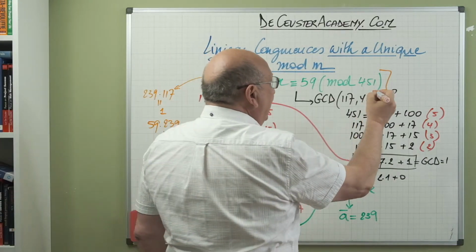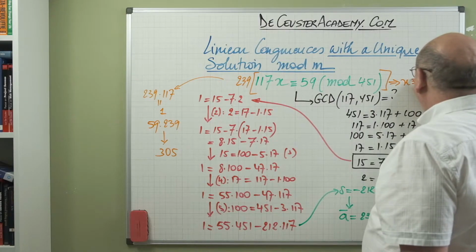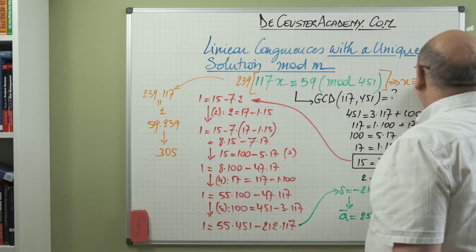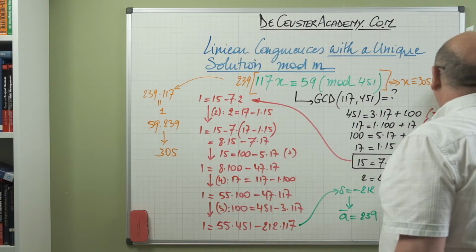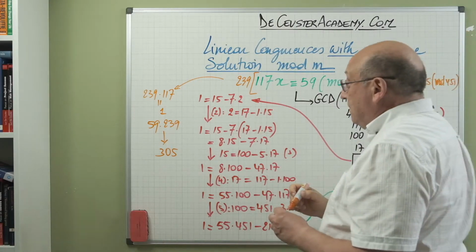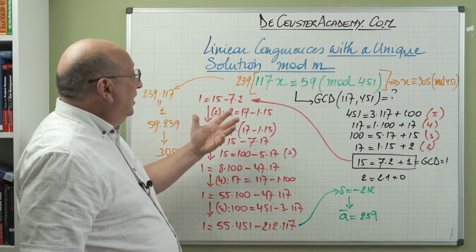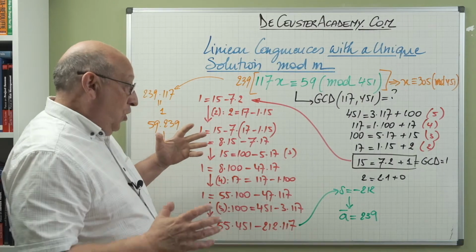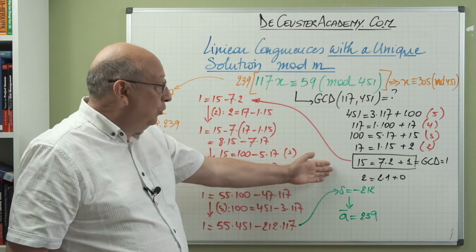So basically, based on this, we can say that x is congruent with 305 modulus 451. And that's the final solution of this linear congruence. Basically simple: GCD, we have to prove that it's equal to 1.